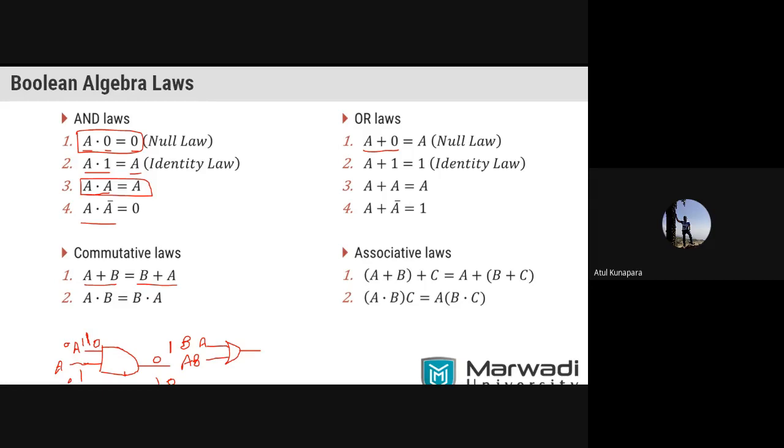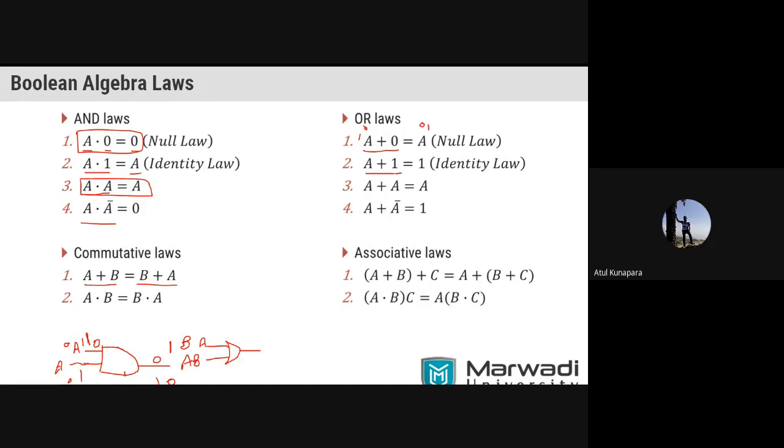So if your signal A is 0, then both will be 0, so your output will be 0, which is equal to A. If A is 1, then A OR 0, that is 1 0, will give you output 1. That means whatever value you set for A, that same will come at the output if you perform OR operation of A with logic 0. That's why you get the same output as the input A.